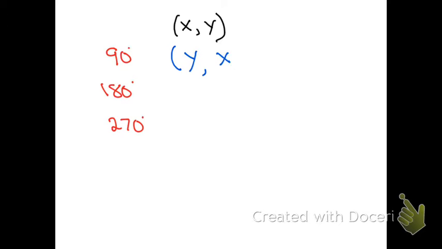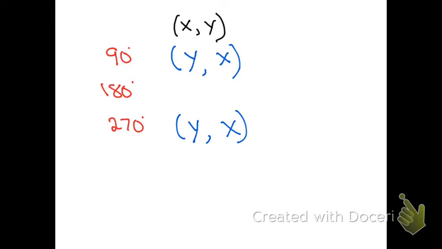If the original coordinates are x, y, and we're only dealing with counterclockwise right now, you do a 90-degree counterclockwise rotation, 180, and 270. These are the rules you have to have memorized. For 90 degrees, we reverse the coordinates, and for 270, we reverse the coordinates.